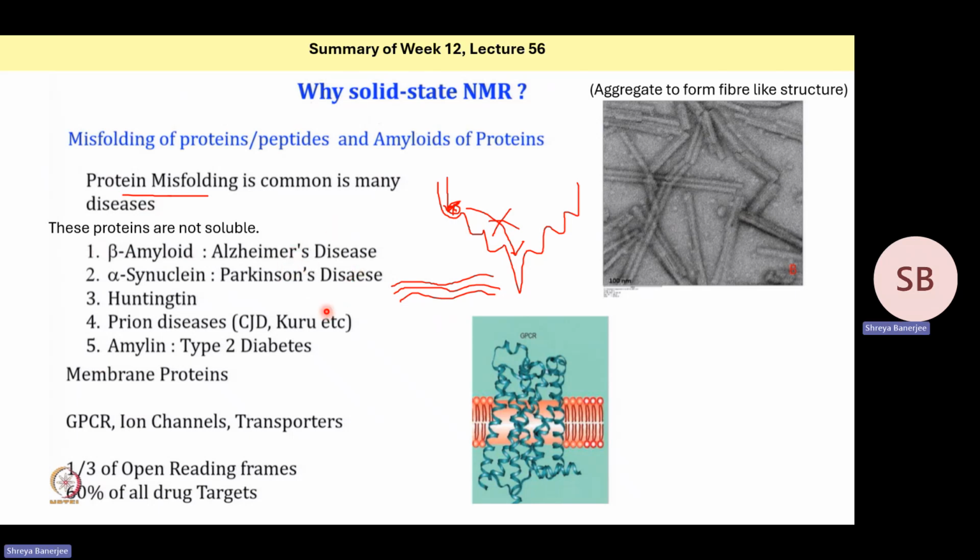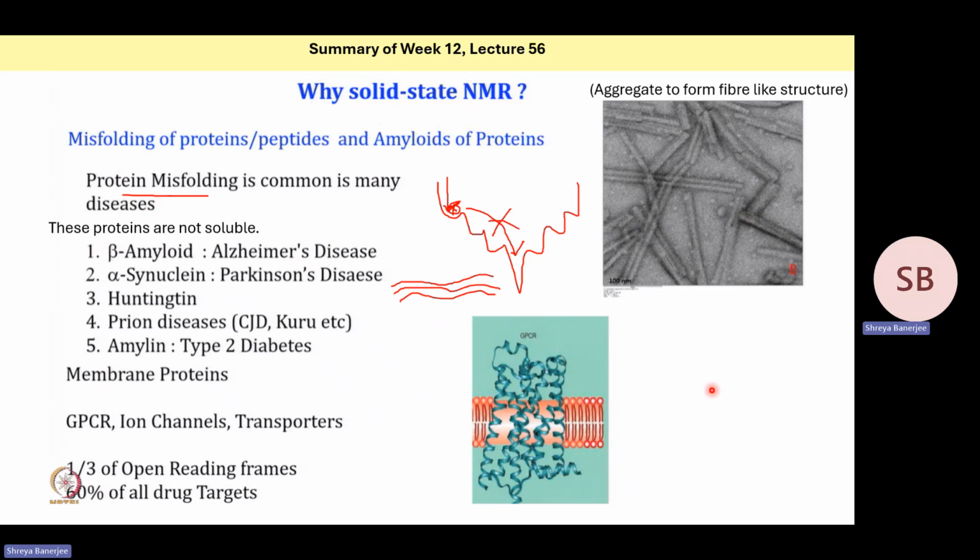The other kind of proteins studied by solid state NMR are the membrane proteins, like GPCRs, ion channels, and transporters. We already discussed that in the environment of the membrane, they behave very differently. If you take it out from the membrane environment, purify it, then dissolve it in some solvent, and study it by solution state or liquid NMR, it will give a very different structure.